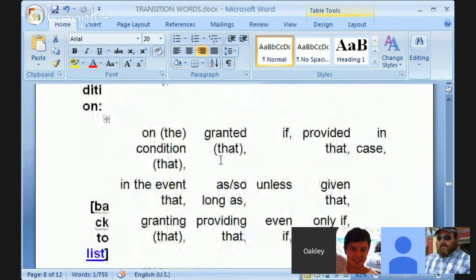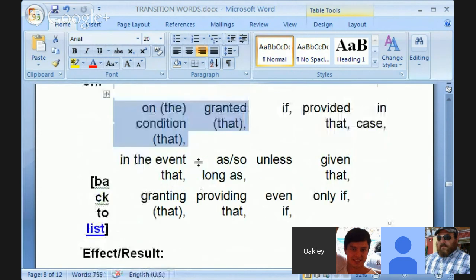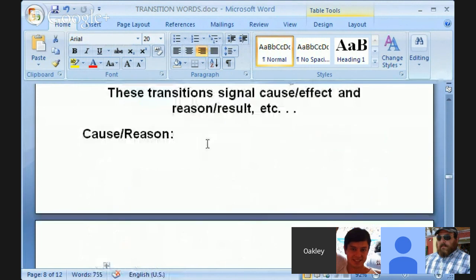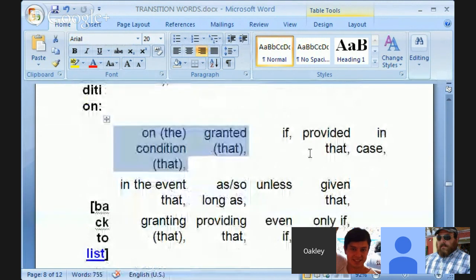And here's some other, when we want to show reason maybe, if clauses. All right. What is the if clause? What is the condition? On the condition that, well, that's pretty clear.